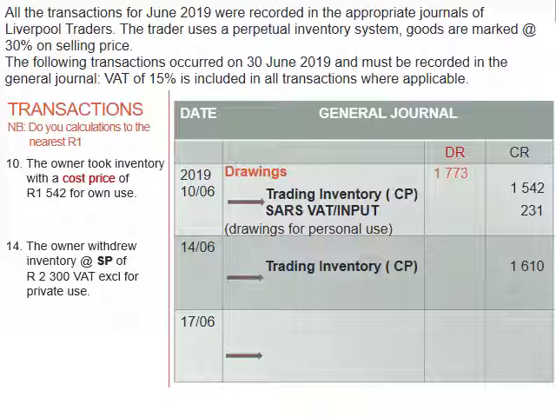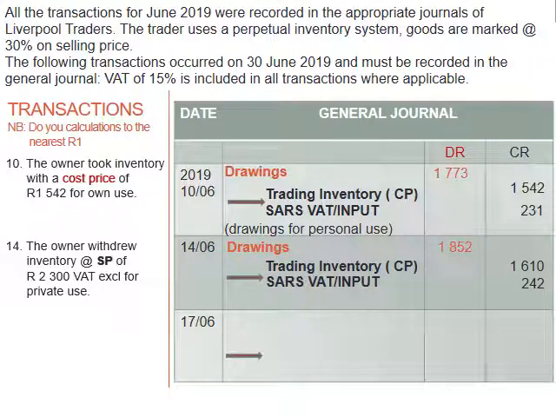The VAT calculated on this amount will be credited to SARS VAT account as 242 rand. This VAT will be added to the cost to arrive at the total debit for drawings account of 1,852. The narration will be drawings for personal use.